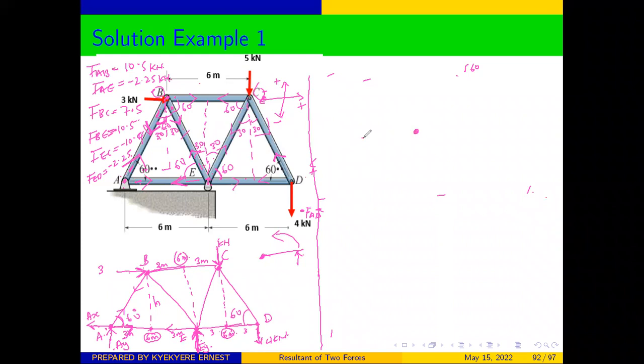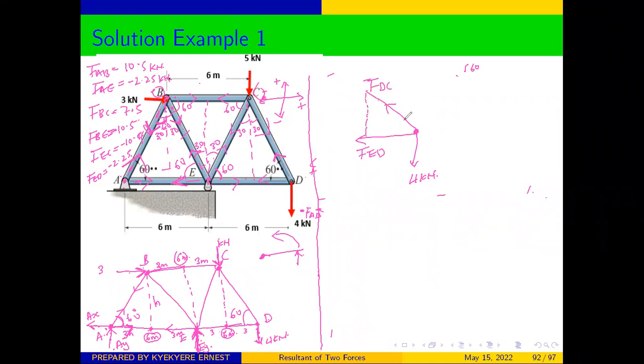This is D. We have a force which is going that direction, and that one is force ED. And then we have a force coming down like this, which is 4 kilonewtons. And then we have this one from B to C, which we have already labeled as FDC, and we said that it's going up. So from here, we can resolve this force into components.